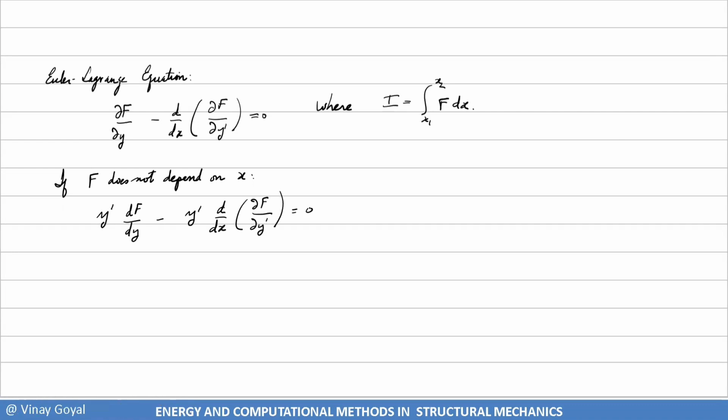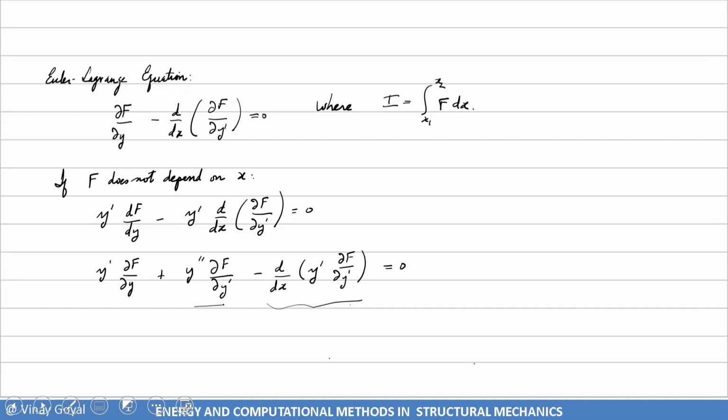And I'm going to use a chain rule, but invert it. And so let's go ahead and do that. So y prime, so you can see here, if I do product rule on this, when you add this to this term, you'll get that term.